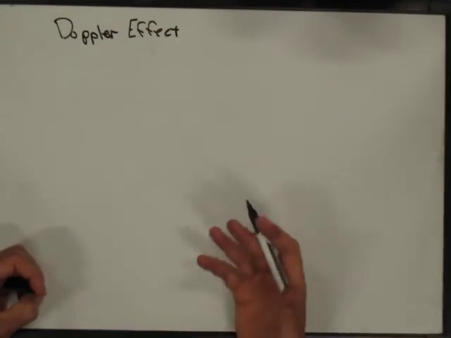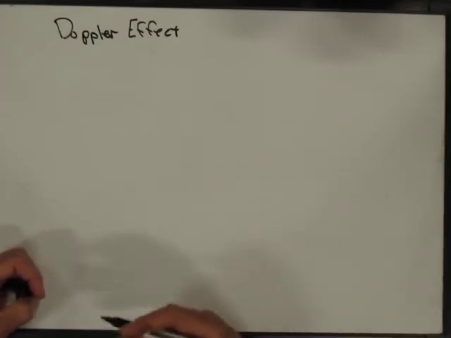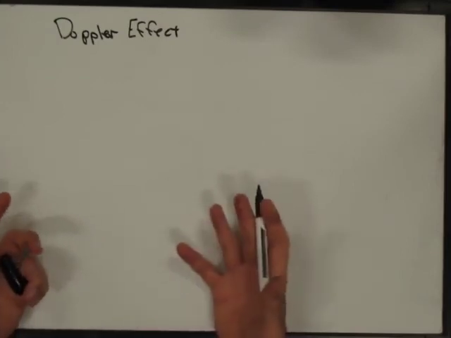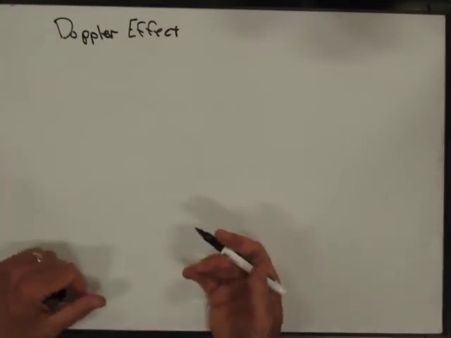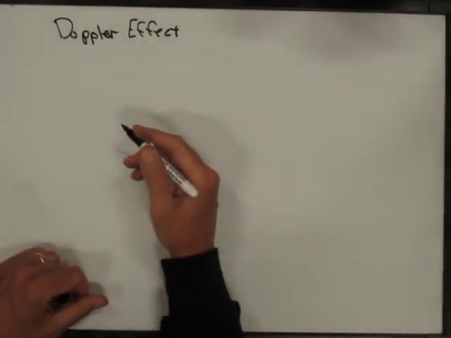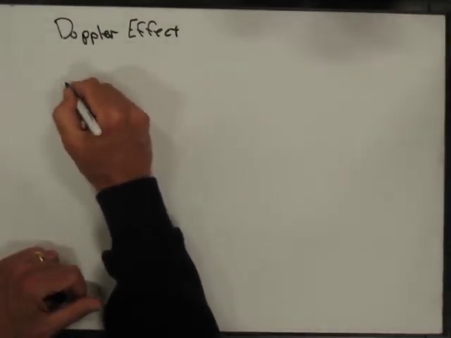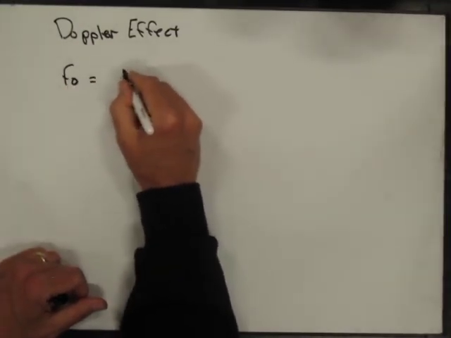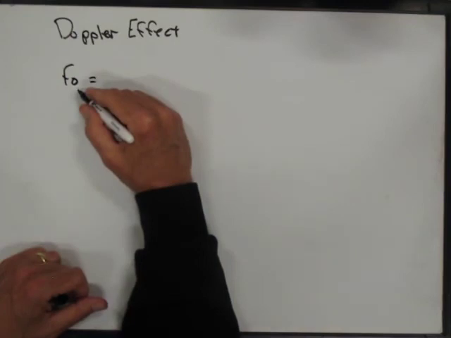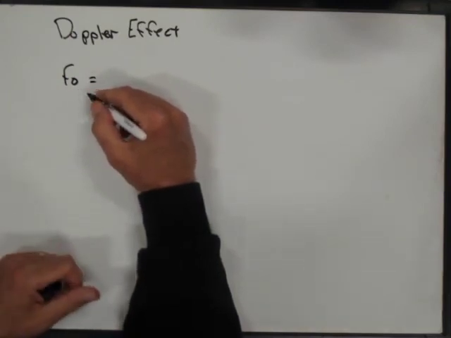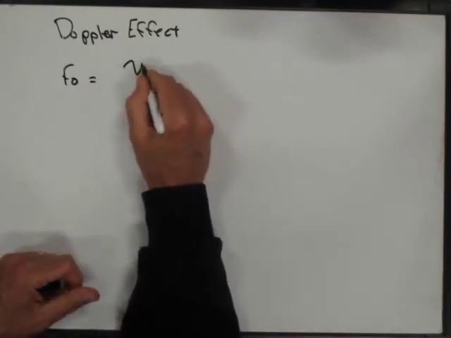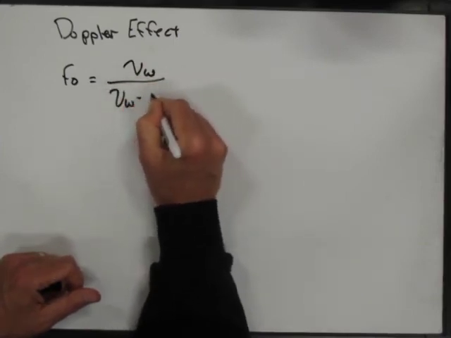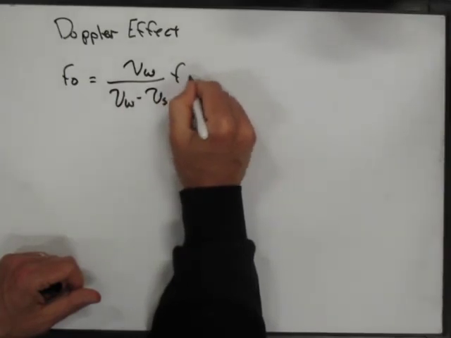That is to say, we can measure the observed frequency, the frequency we see, and we know what it should be, and so we can use that to solve those equations for the relative speed of the galaxy. So, for example, if we have a galaxy that's receding from us, and we view ourselves as stationary, we just want to know the velocity relative to us, then we would go back to the first equation we got, the velocity of the wave minus the velocity of the source times the frequency of the source.